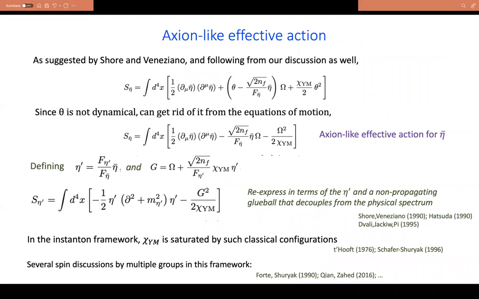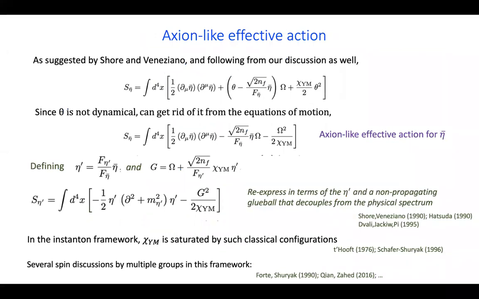But what you would do in textbooks is consider omega, integrate out omega, and get an expression that has just a mass term for eta.